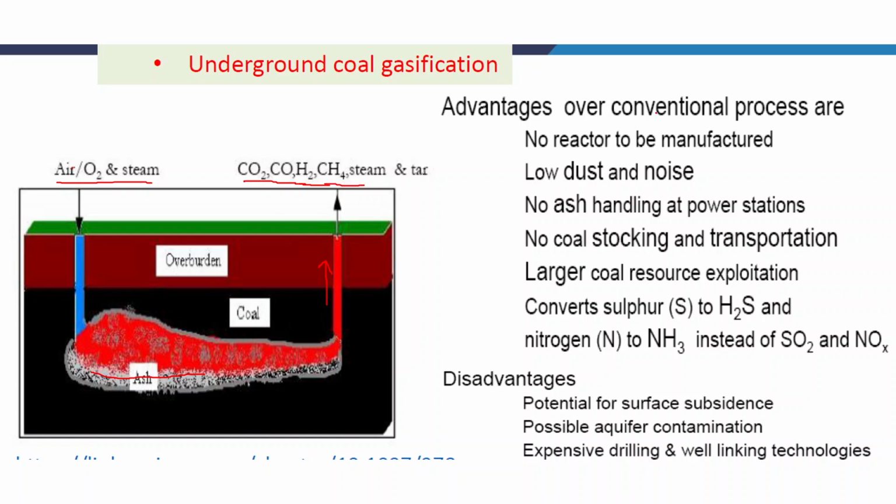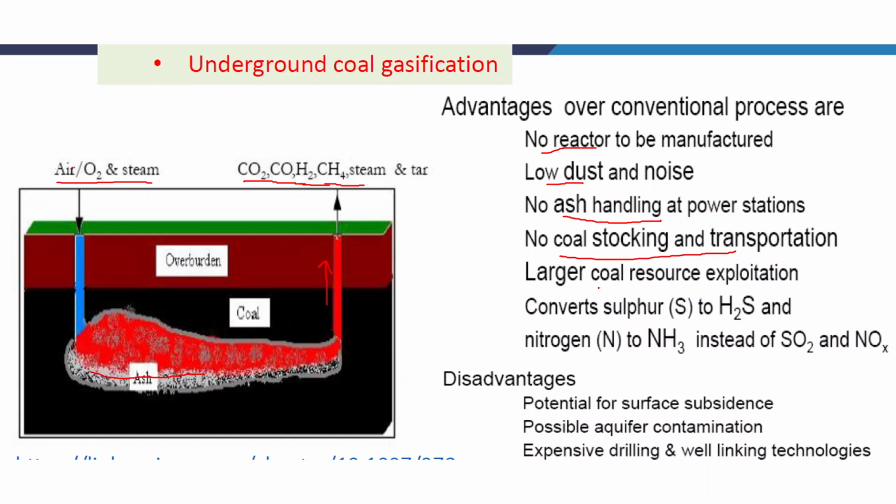The advantage of this is, as I told, no reactor is required, dust and noise are less because it is taking place underground, and ash is also collected below. Ash handling is not required, meaning external procedures for ash handling are not required. No coal stocking and transportation, so there is no problem related to transportation.